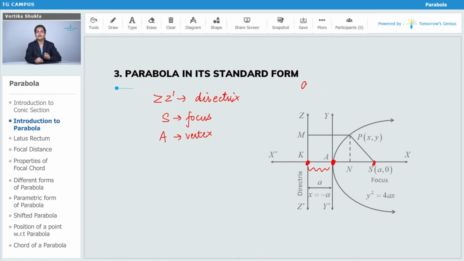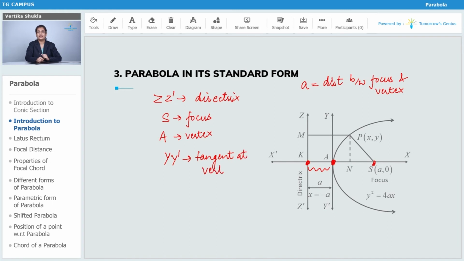So a is equal to the distance between the focus and the vertex, and that is equal to the distance between the vertex and the directrix, which in this case is equal to a. The line YY', which is your y-axis, is also known as the tangent at the vertex.